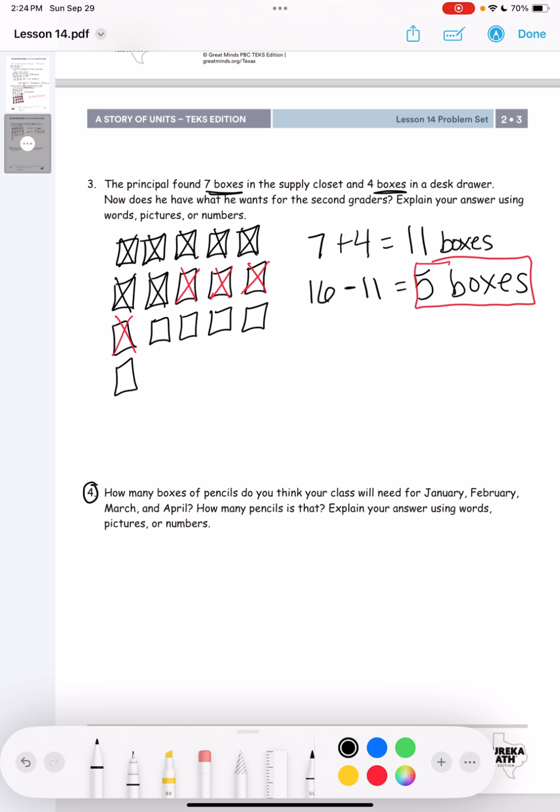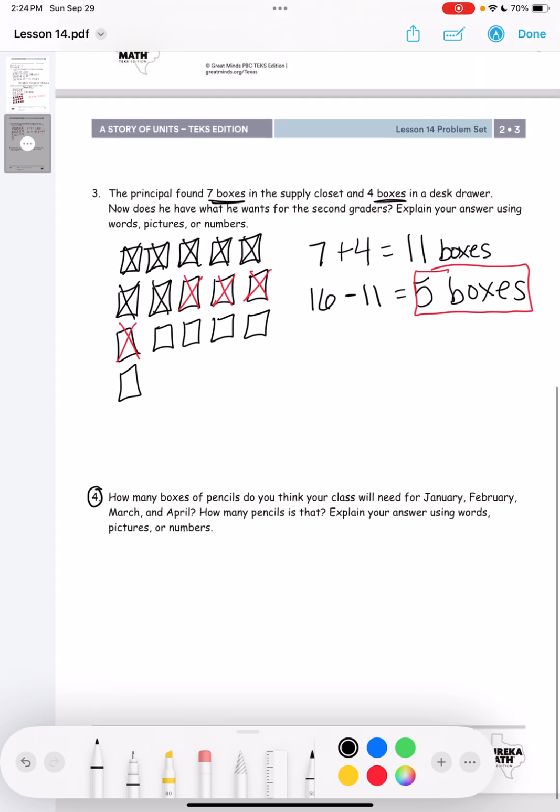So, thinking about our class, we're going to say that our class has 20 students in it. So, if we want January, February, March, April.